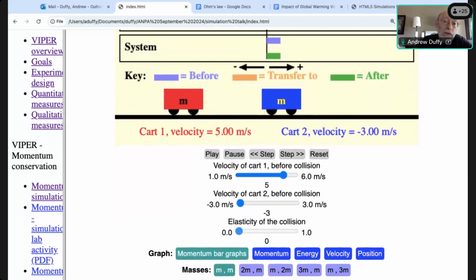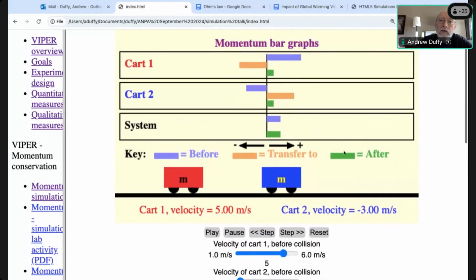I'll go all the way down to a completely inelastic collision. And we haven't changed anything about the system beforehand. So the blue lines are the same. The green lines are different individually, but the system green is the same because momentum's conserved. And these are much smaller than they were before. And so elasticity is about how much momentum is actually being transferred between these carts.